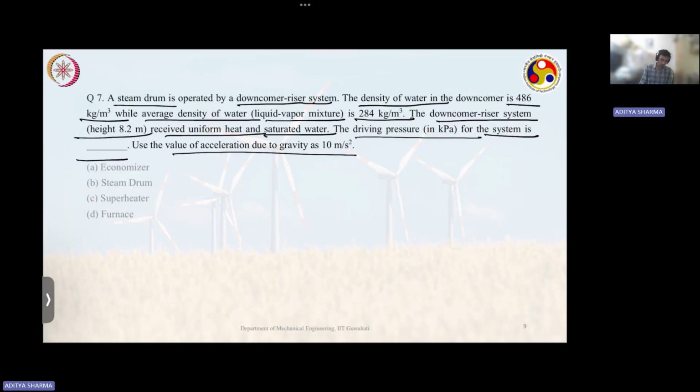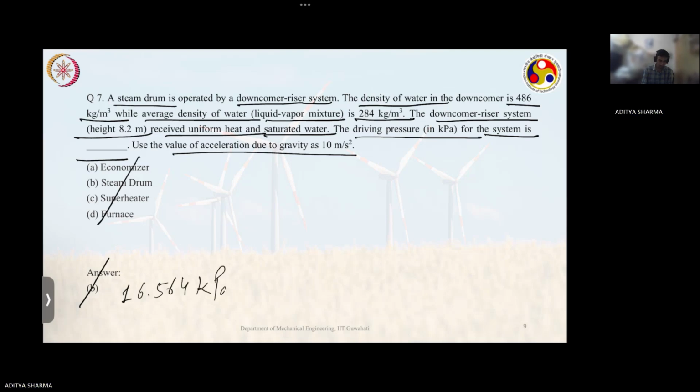So this was your question number. Okay. So I forgot to write the answer here. So it will be 16.564 kilopascals. Right.